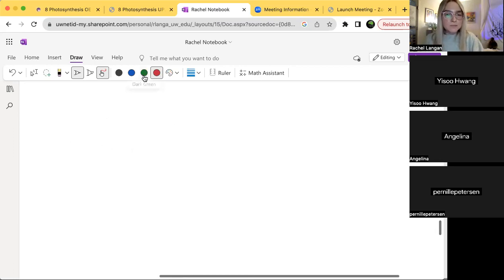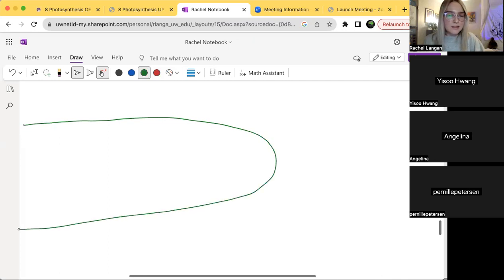Let's imagine we're in a mesophyll cell and there's a chloroplast. Inside the chloroplast, there are little stacks of pancakes. I'm going to zoom in on a pancake. That pancake is a thylakoid. You have the inside of the thylakoid, the lumen, and on the thylakoid membrane you have a bunch of proteins.